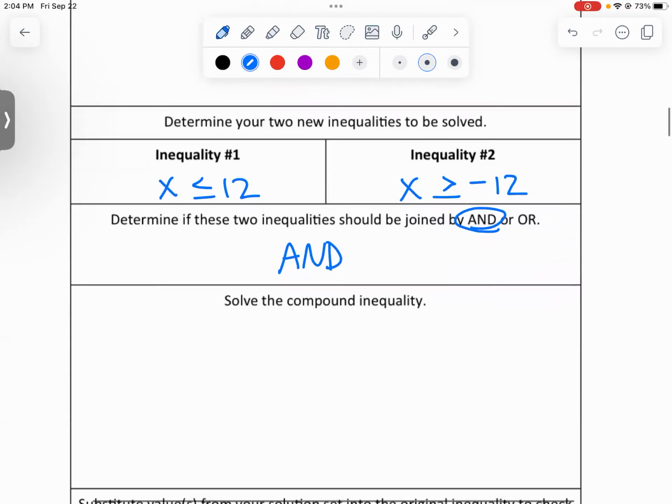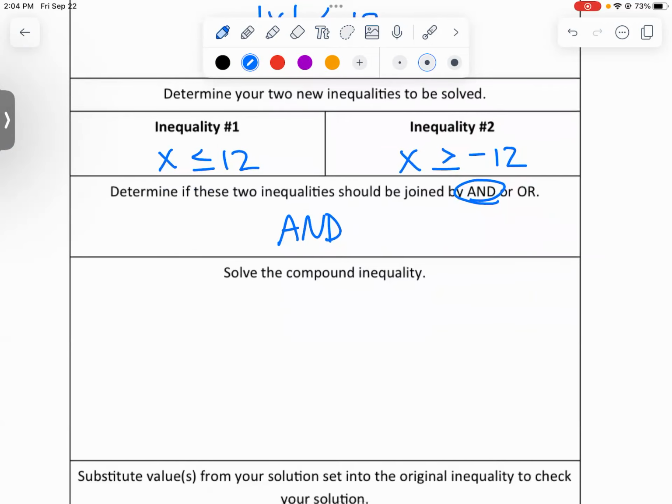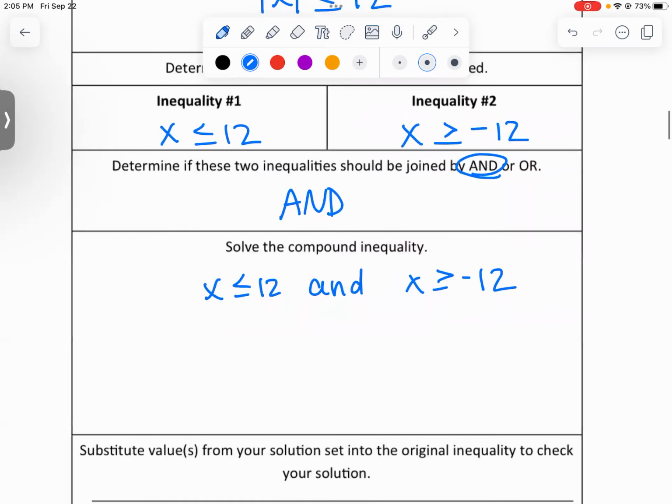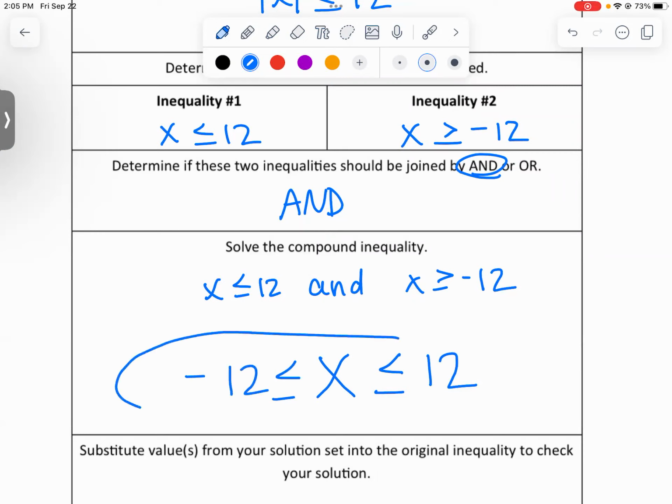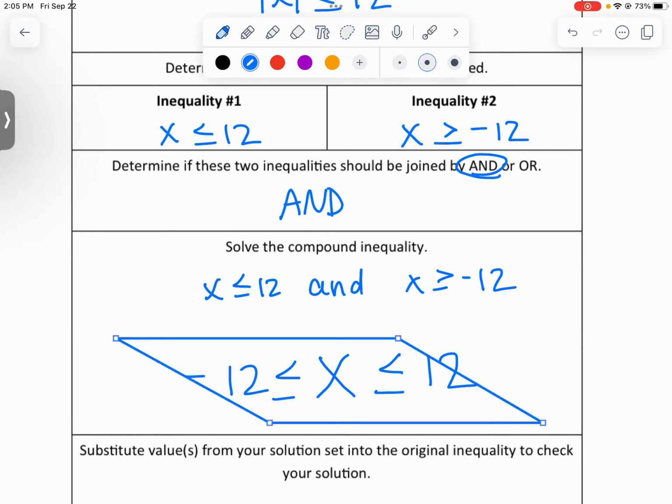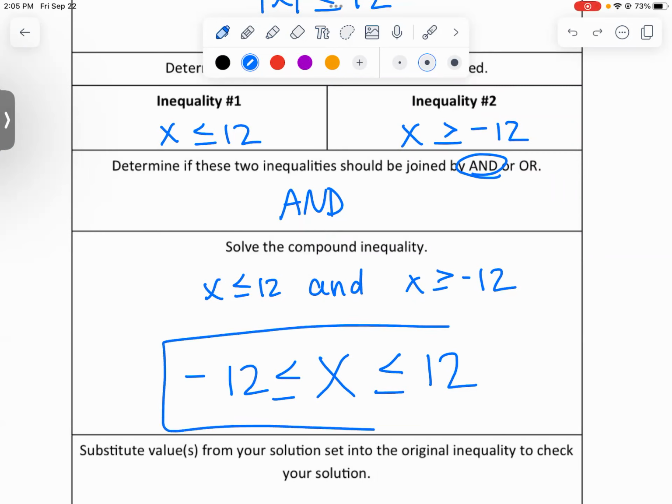So now we need to solve the compound inequality. Guys, is X already solved for? Yeah. So you can leave it as X is less than or equal to 12 and X is greater than or equal to negative 12. But we also know that with our and compound inequalities, we can make a sandwich.